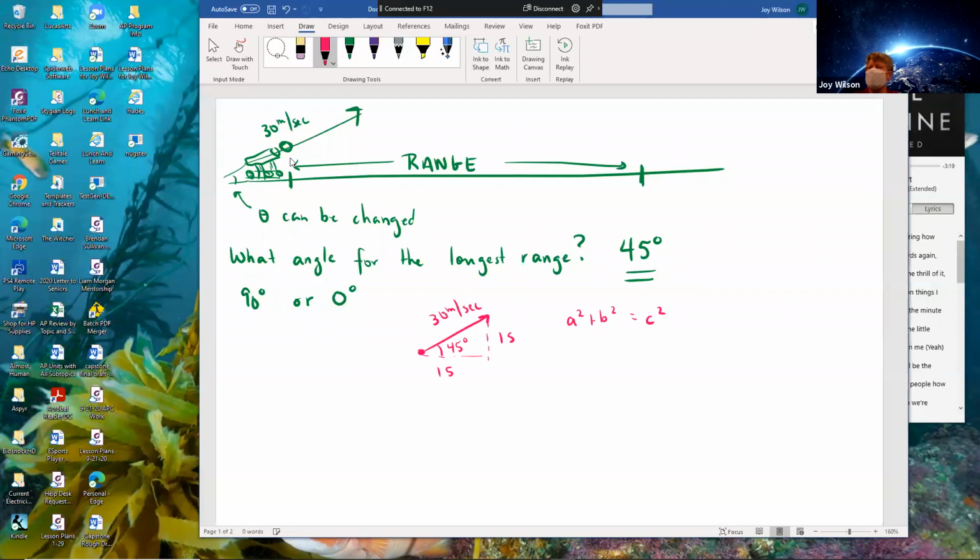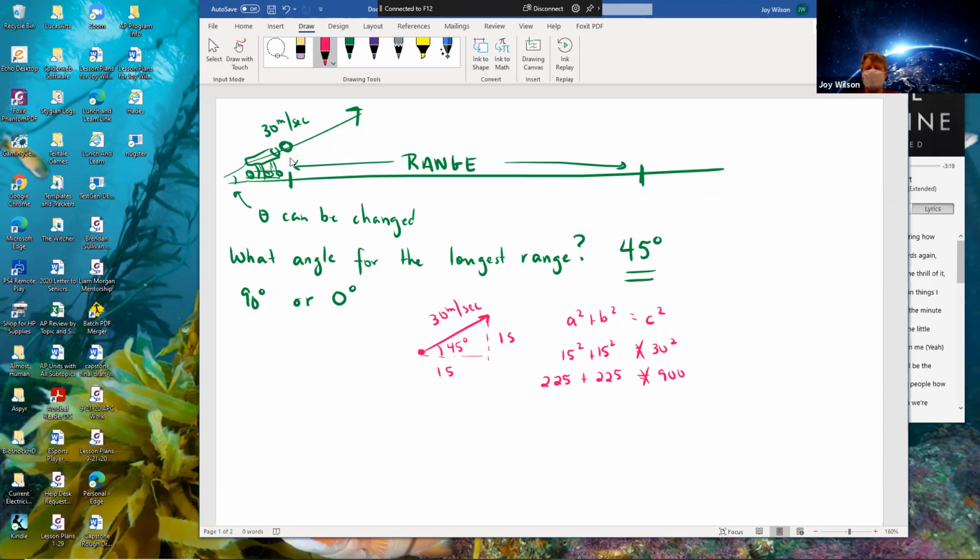Remember the cute little Pythagorean theorem? So if this was 15 squared plus 15 squared, this does not equal 30 squared. This is 225 plus 225, which does not equal 900. Okay? So you don't get half the speed.